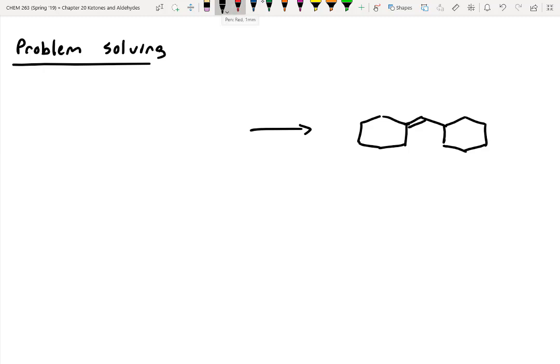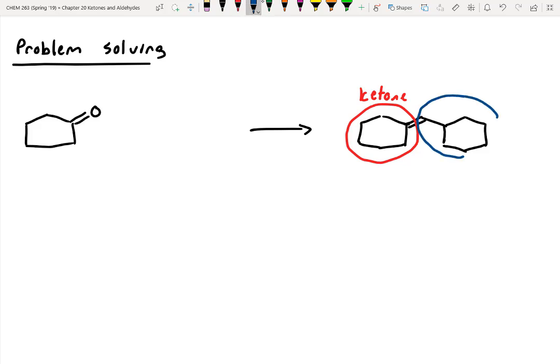maybe originally this chunk was my ketone. Right? That would make sense because then we could say, all right, maybe that was my ketone. And then maybe over here, maybe this part was my ylide.